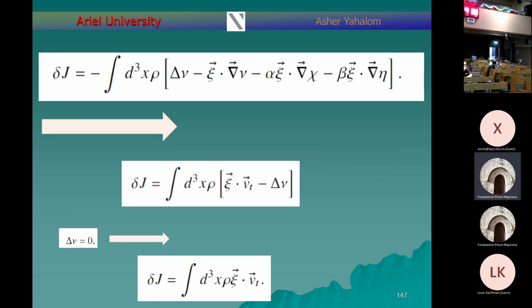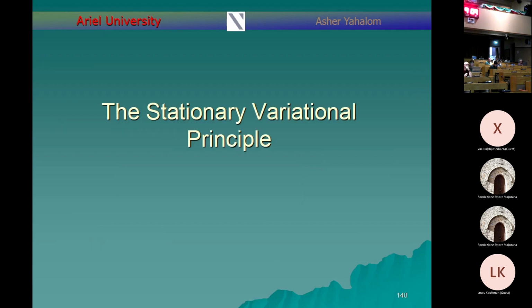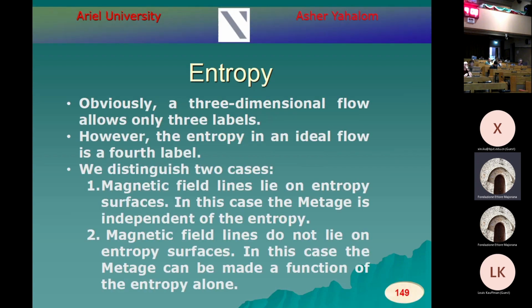And if you plug all this back, this takes this form. And if the variation does not change nu, then you are back to the original Noether currents which we got from the Lagrangian variation. Okay, so I have 9 minutes to tell you about the stationary variational principle.